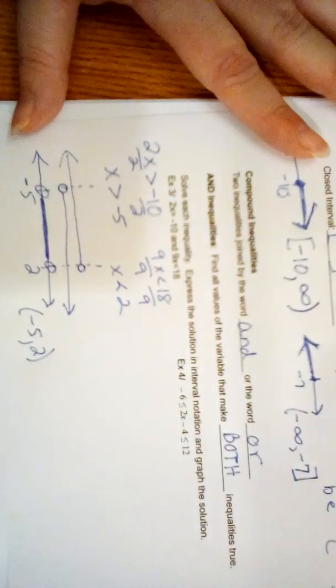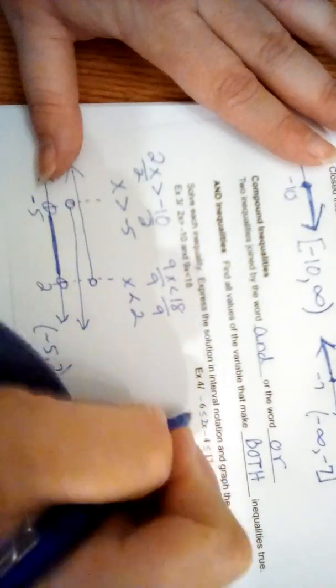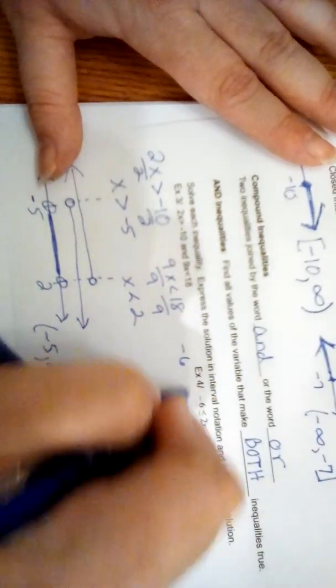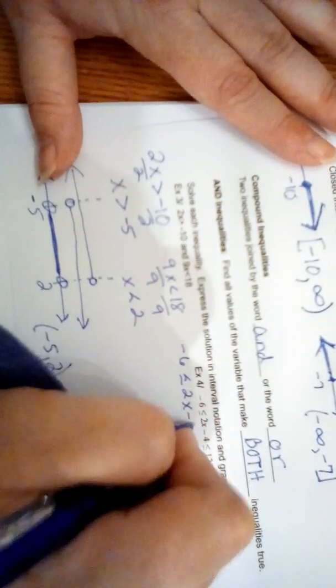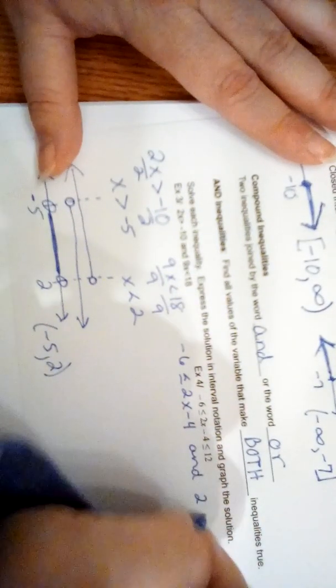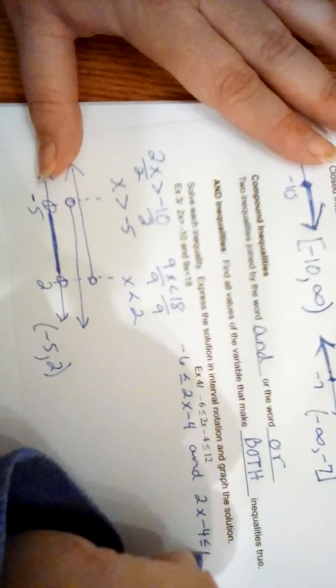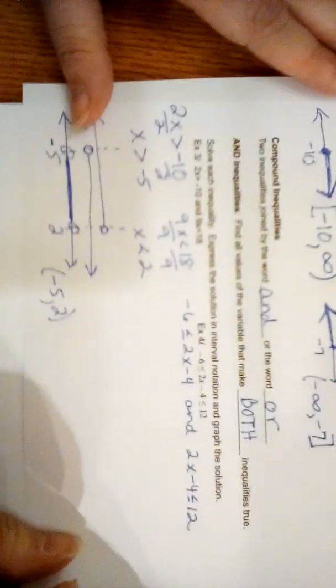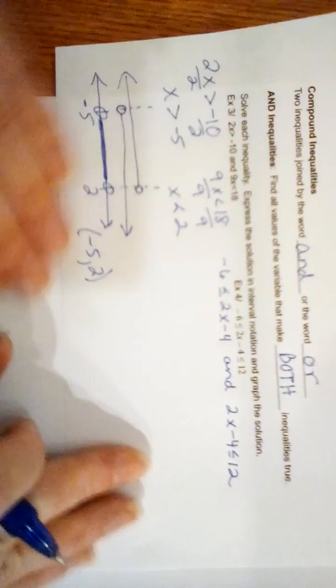All right, the other way the problem can be written and be an and is like this. It's kind of sandwiched in between. That means it's this and that. Okay. All right, so we're going to solve it.